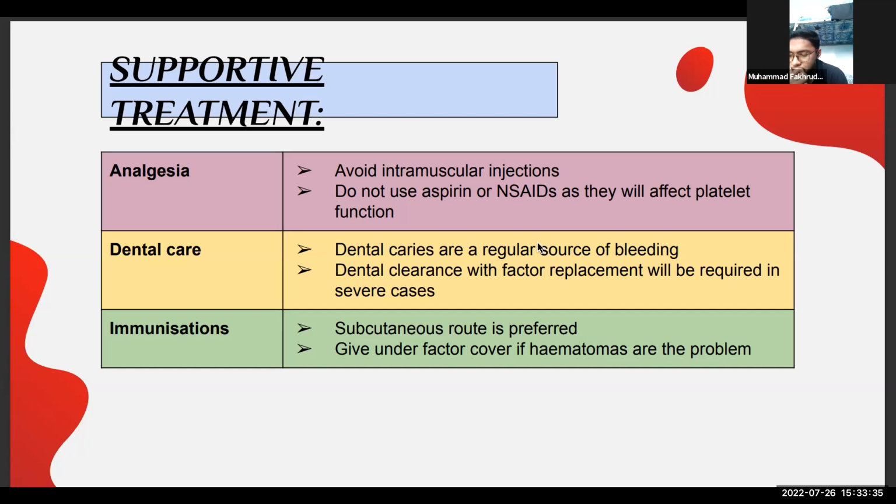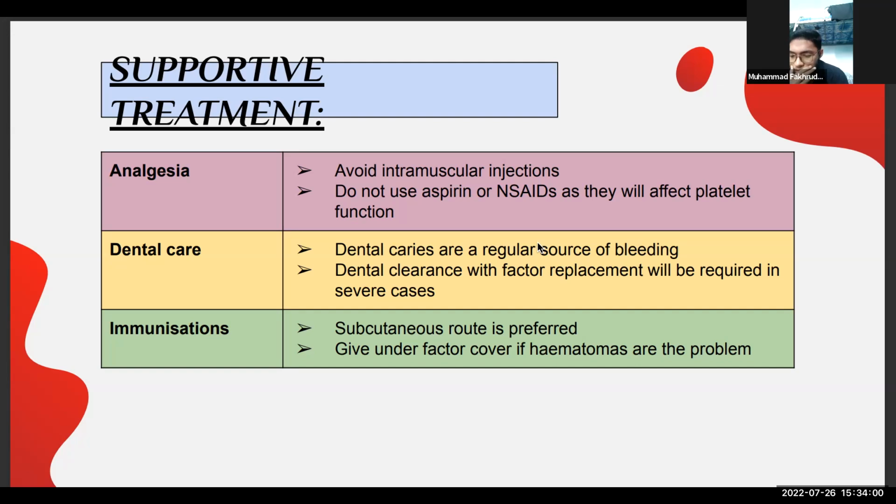Oral hygiene is very important, and we need to make sure the patient with hemophilia has good oral hygiene, because dental caries is a regular source of bleeding. Dental clearance with factor replacement will be required in severe cases, to avoid severe bleeding.